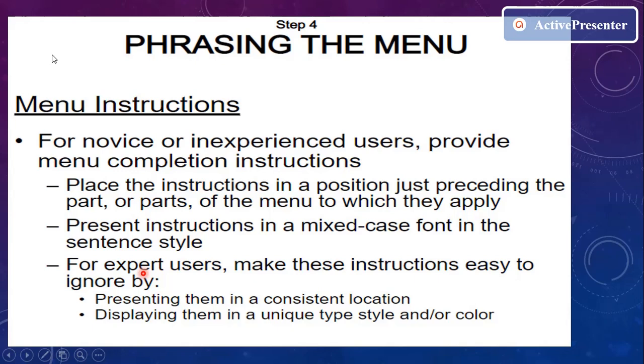It has to maintain consistency in displaying the menu. So present them in a consistent location and also display them in a unique type style and also color. Color also matters here, and also the style. If you are presenting it in an italic style, it has to be presented in the same location, in the same style, and in the same color.